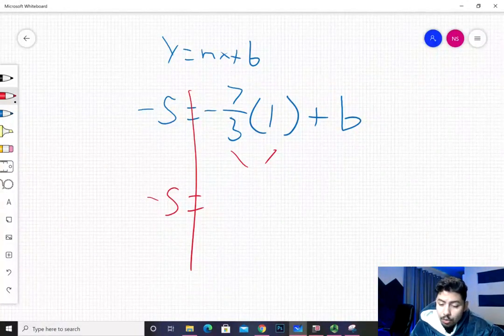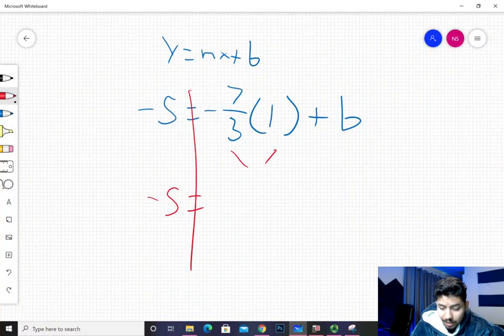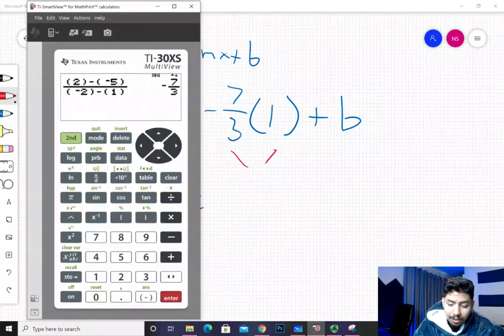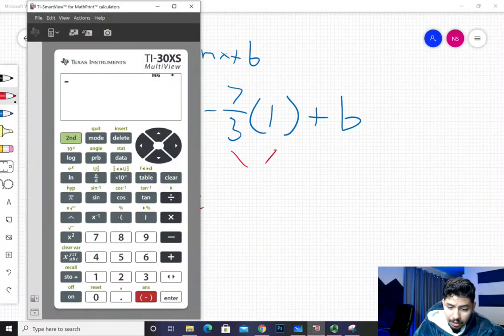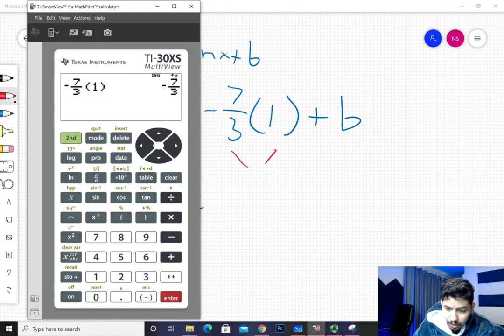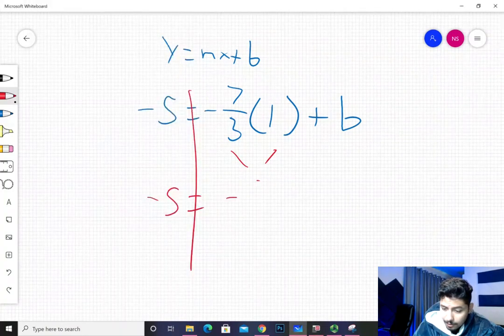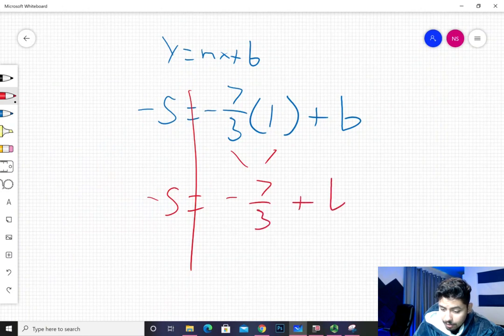I could already tell you right off the bat it's going to come out to the same, negative 7 over 3. But let's say you didn't know that. It doesn't matter. You have calculators to determine what your answers are going to be. Negative 7 over 3 times 1. Just like I said, it's going to be the same.